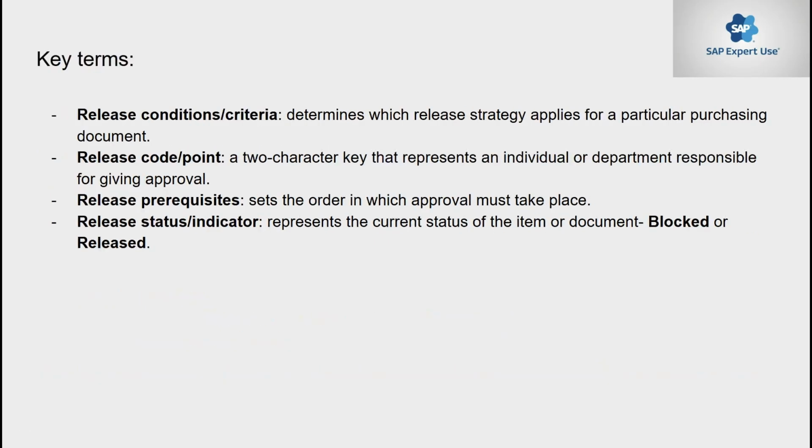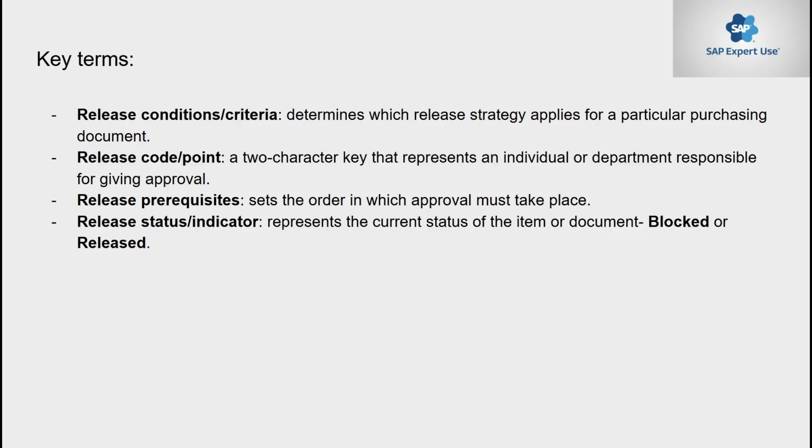Now, let's go a little bit also through the key terms before we go through the setup of the release procedures. First of all, we have release conditions or criteria. This one determines which release strategy applies for a particular purchasing document.